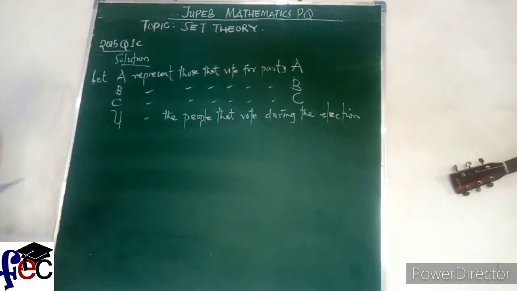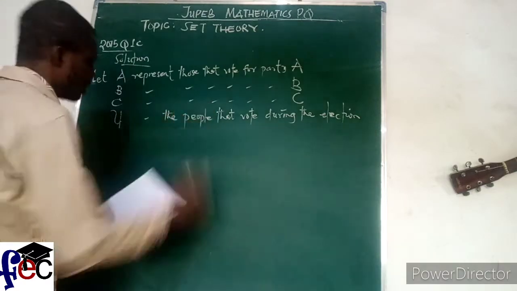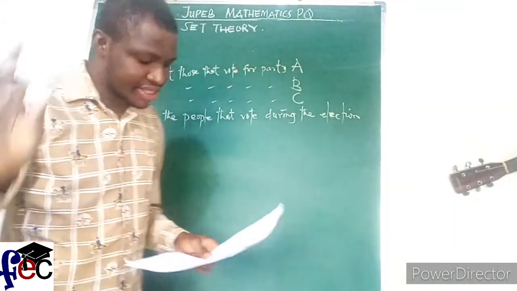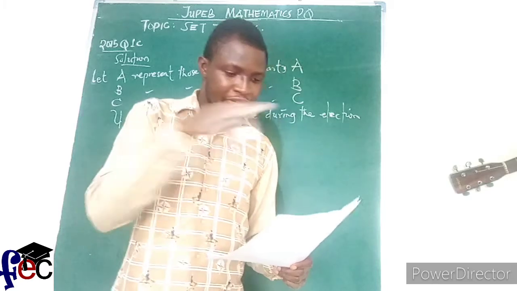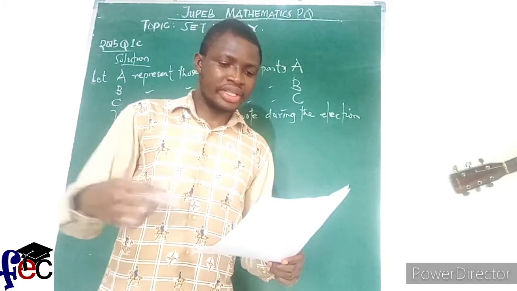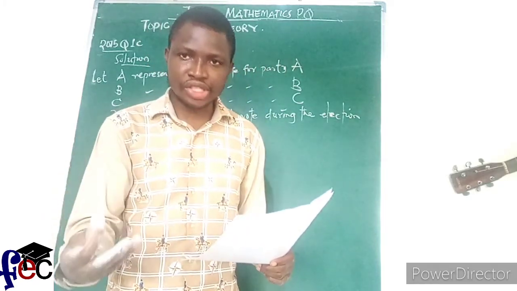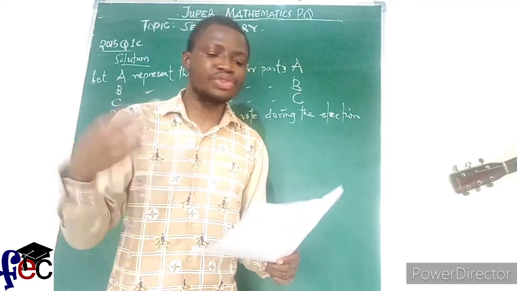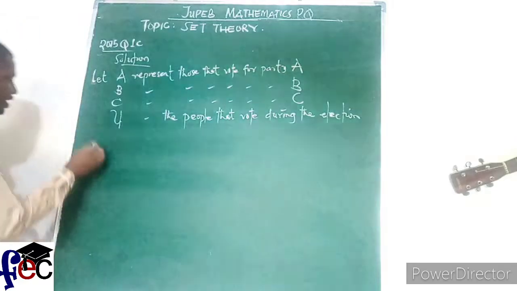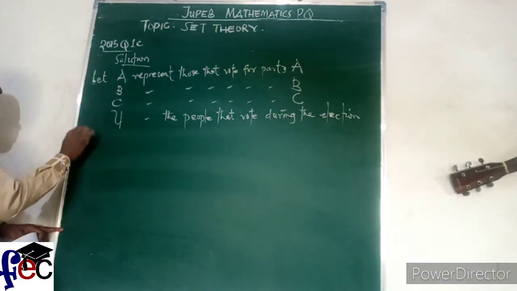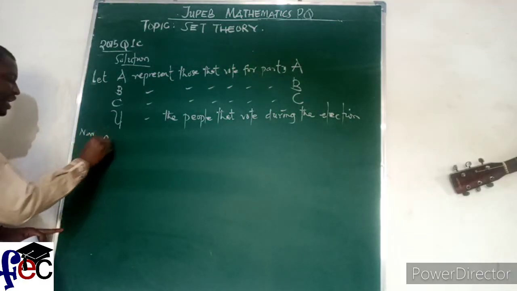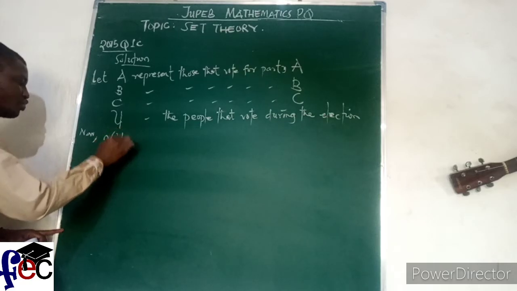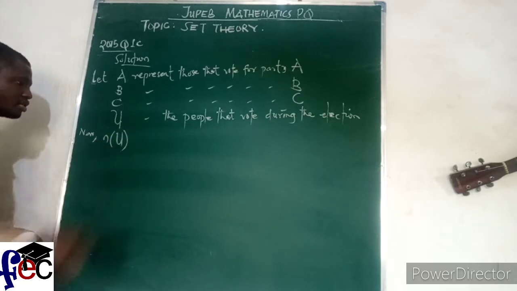All right, so from the information, the last part of the statement before the question states that if 500 people voted during the election, that shows that the cardinality of U is 500.